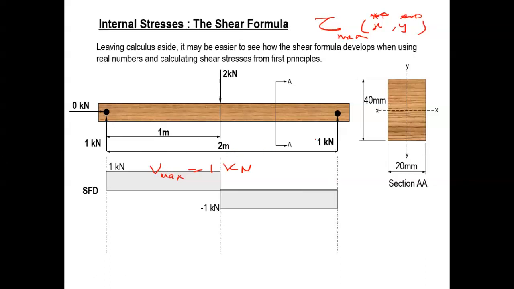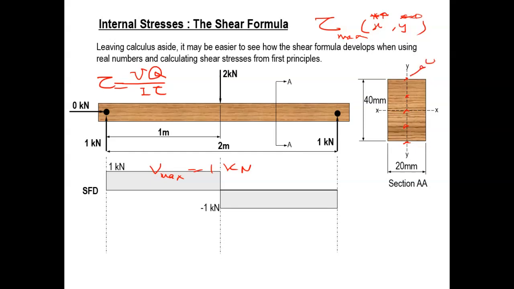But the question is, in the y direction, can we do calculation either here, there, or here, or even in the middle? If you find the Q for these values and plug them into this equation, tau is equal to VQ over Ib.